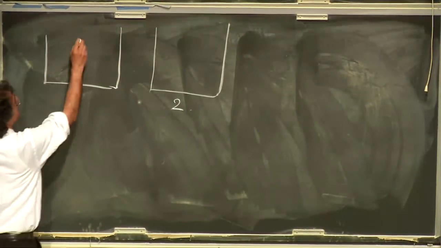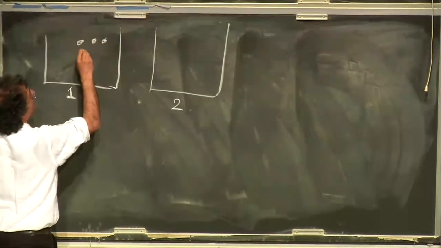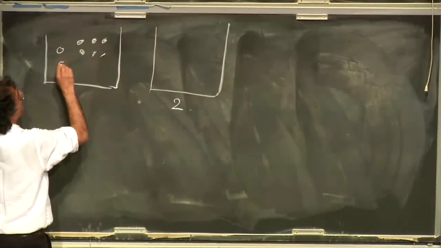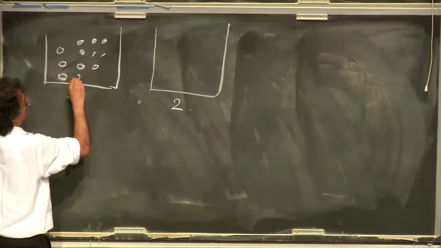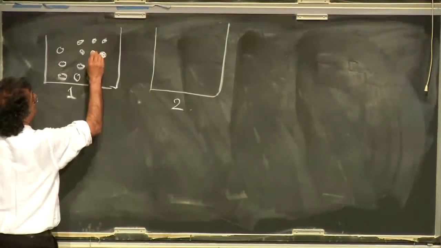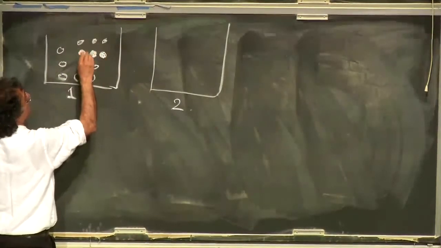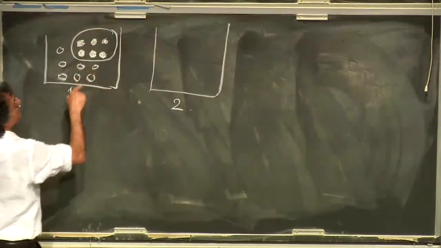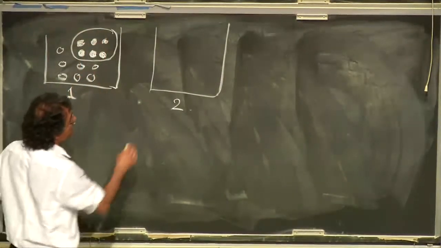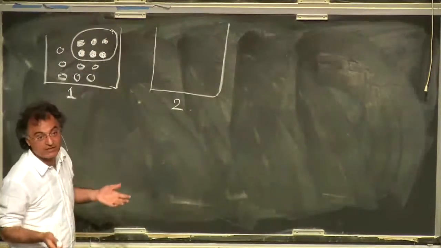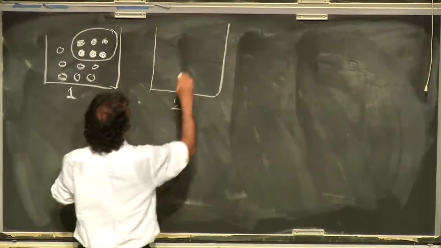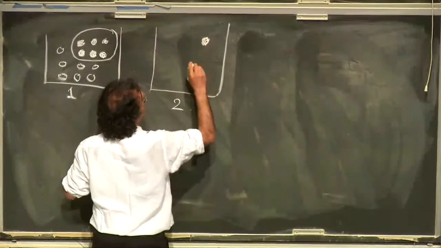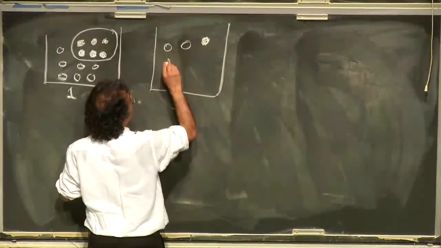This one has some number of white balls and some number of black balls. So these are white, those are black. And in this one, there's some other number of white and black balls. So maybe this bin looks more like that.